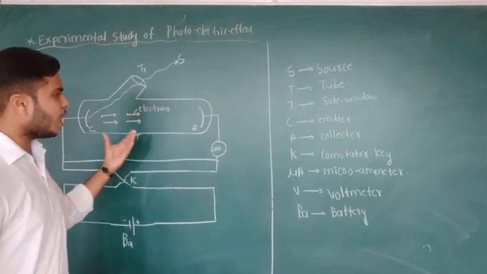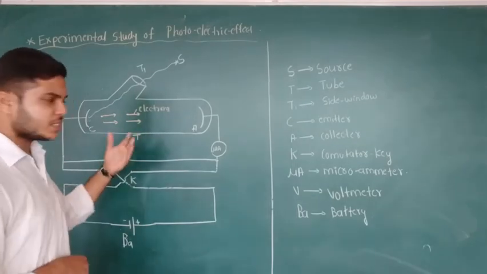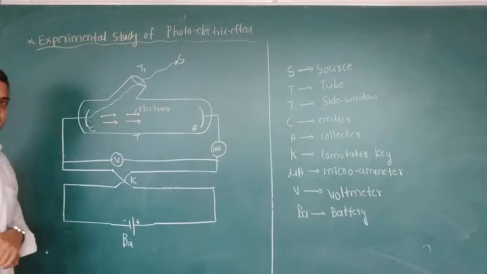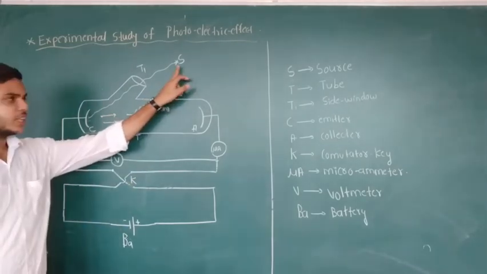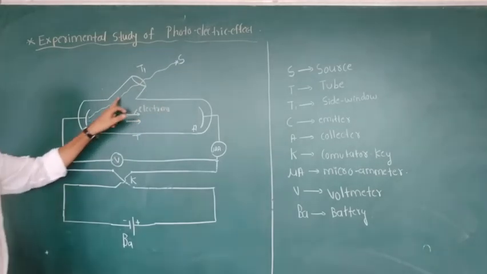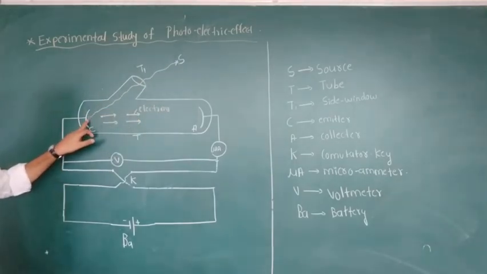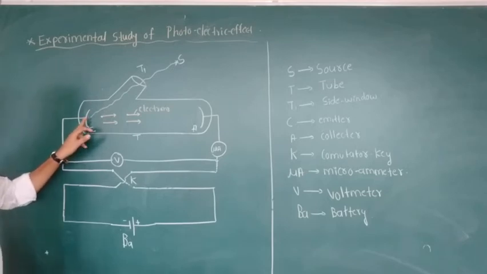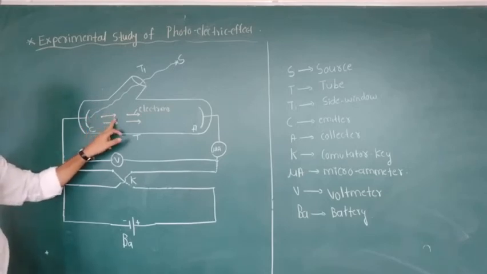Now we will see how this apparatus works. Initially, the source is taken. This source emits some radiation. When the radiation falls on the photosensitive material, that is the emitter, due to the photoelectric effect, some electrons are emitted.